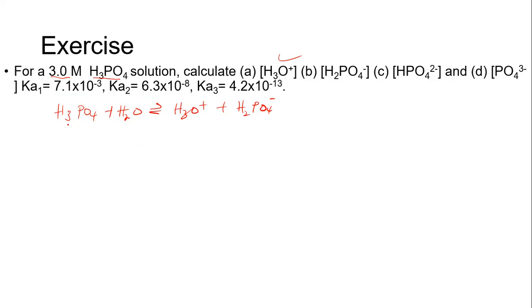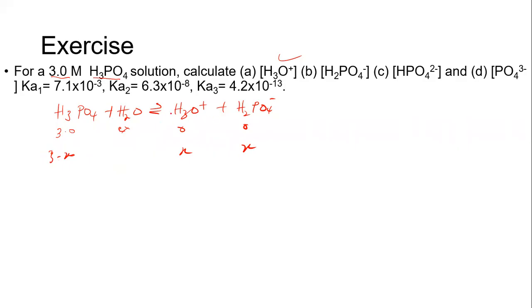Then initially, this one will be 3.0. This is in excess, this will be 0, and this will be 0. At equilibrium, this will be 3 minus x, and I'll have x of this formed, and x of this. Very simple, right? Good. Then we have our KA1 expression.